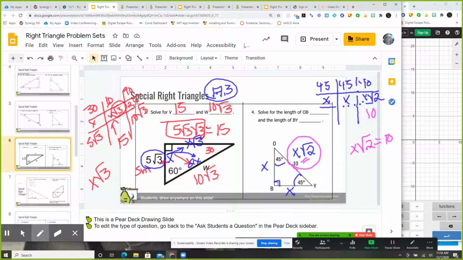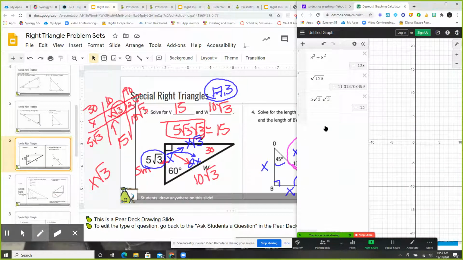So let me ask a different question. Let me make it look a little more normal. What if I had 2X equals 10? How would I solve that? Divide by 2. So if I've got the square root of 2, can't I just divide by the square root of 2? So if it was just a 2, that would be 100% right.